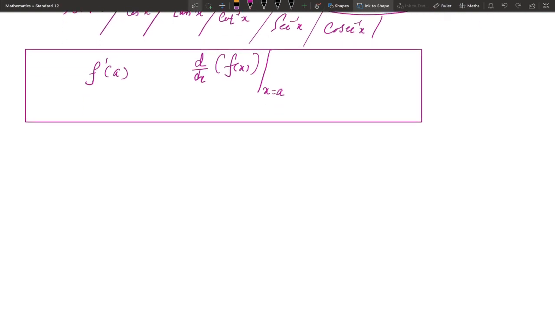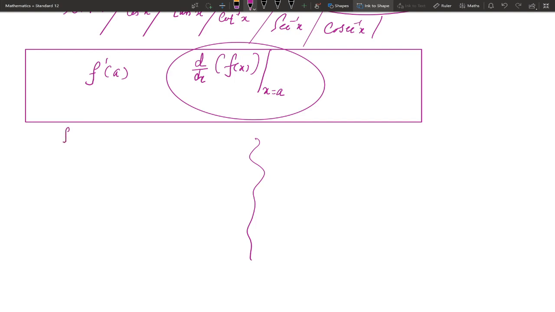There are two different methods: using derivative, or you can say using definition. We discussed two different things.